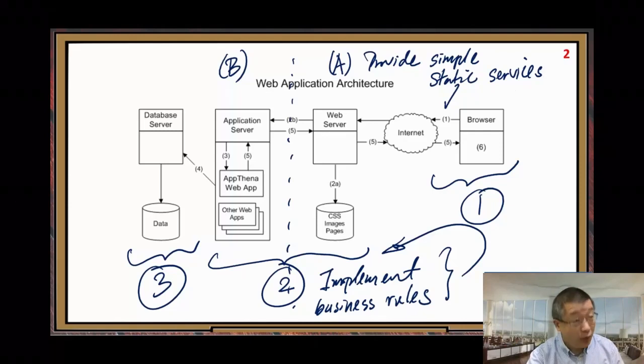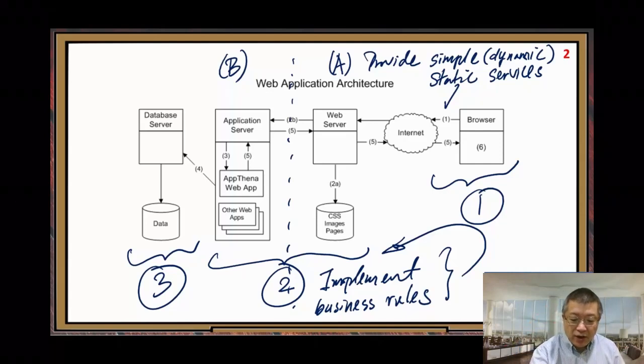Because static we treat as simple. But simple could also be dynamic. Simple dynamic type services, so some data manipulation. We can do some data manipulation, but not too complicated. We don't want to do too complicated dynamic manipulation. If too complicated, we leave it to the second layer, the B sublayer.